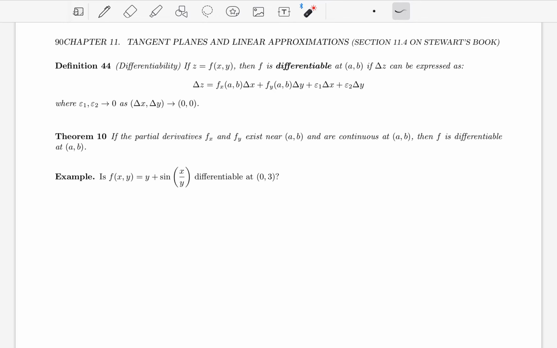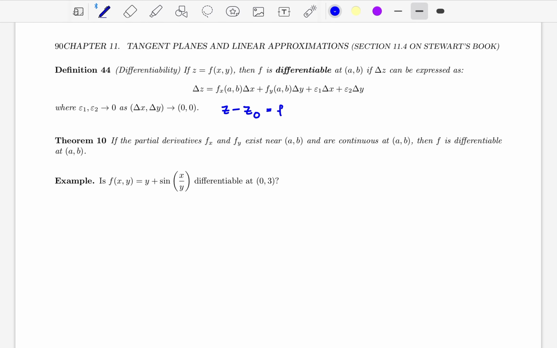What does this mean? It's a lot of words. What it actually means is, we know that delta means change. So what this is saying is that the change in z, z minus z naught, is equal to fx of a, b times x minus x naught, plus fy of a, b times y minus y naught, plus some error.